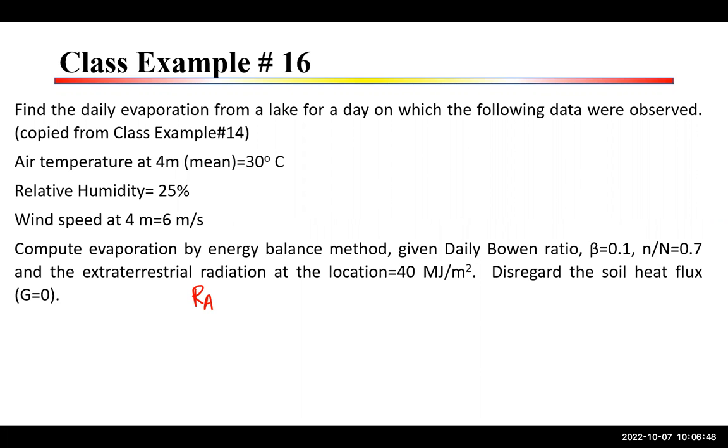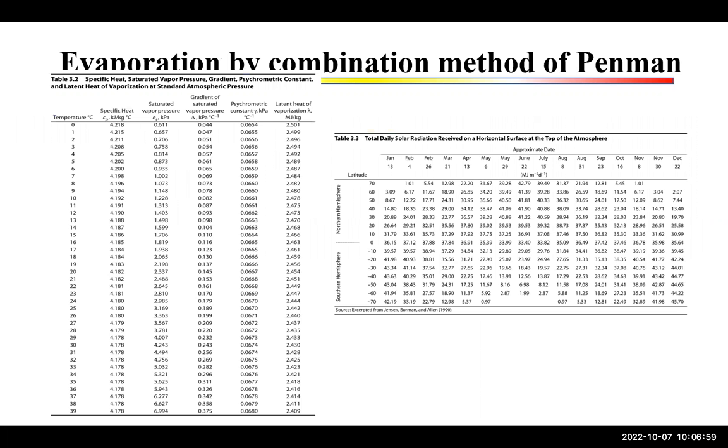Now the Ra is given as 40 megajoule per meter squared. If this Ra is not given, we need to use table 3.3, the total daily solar radiation received on a horizontal surface at the top of the atmosphere. That is actually the Ra.